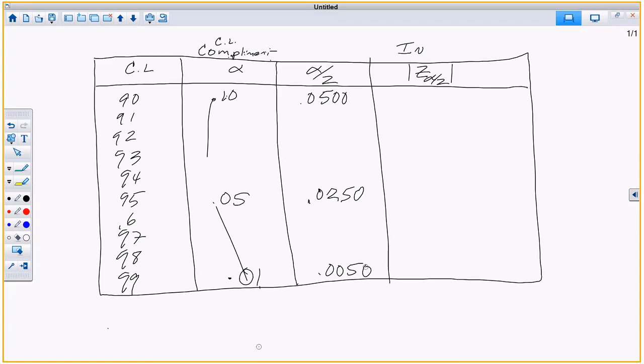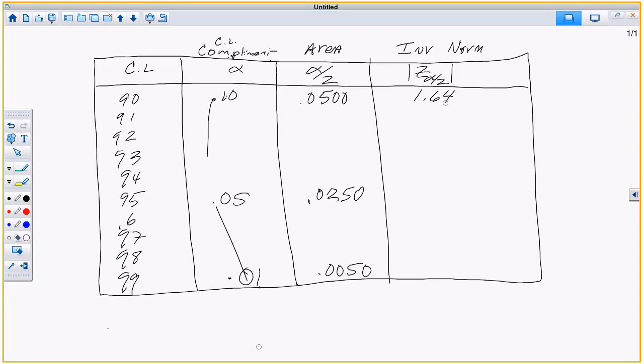Put those in 4 digits. That's your area. Put in inverse norm, 0.0500. Somebody tell me the absolute value, so don't give me no negative. Okay? So what is the z-score that goes with 0.0500? 1.64 even.